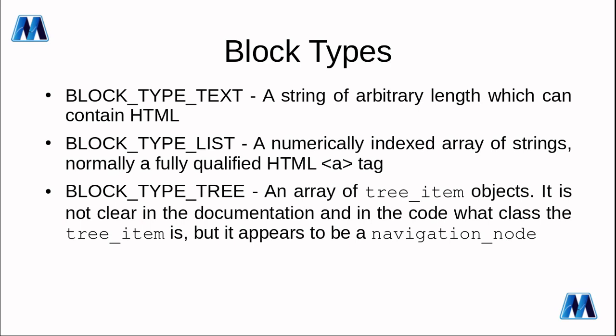The list is a numerically indexed array of strings, and they're normally like a list of links surrounded by A tags. And then the tree type is an array of tree item objects. Now it's not clear in the documentation what the tree item objects are, but they appear to be navigation nodes. So you create some kind of navigation in the block. Okay, so let's go back to our code.